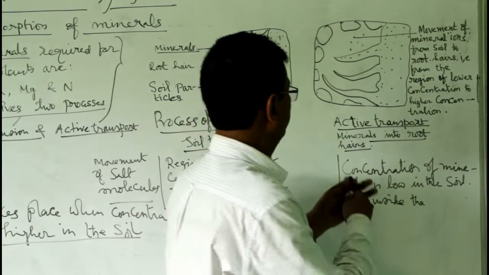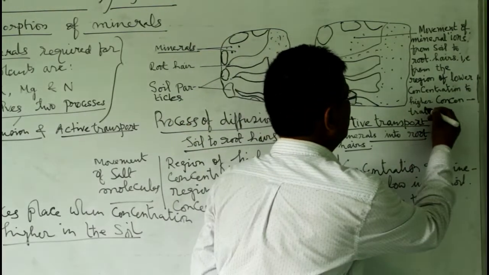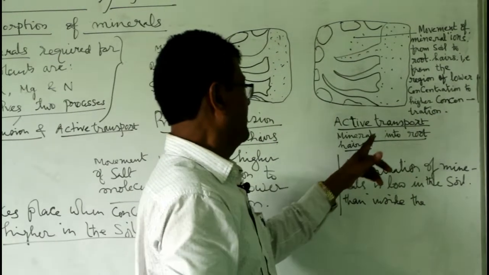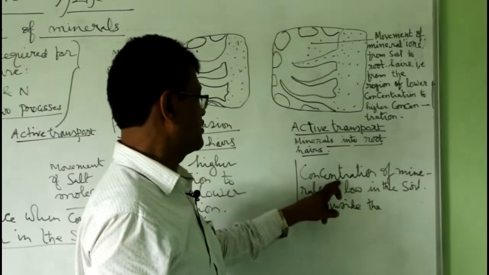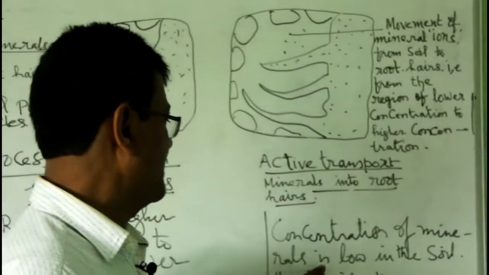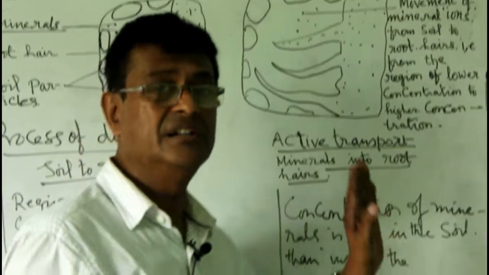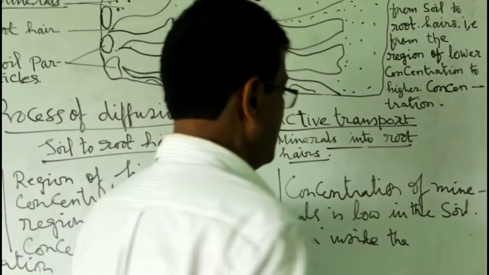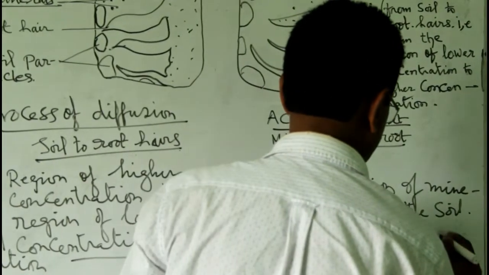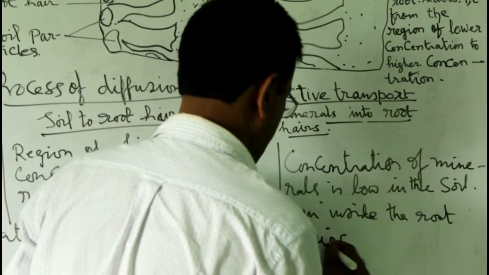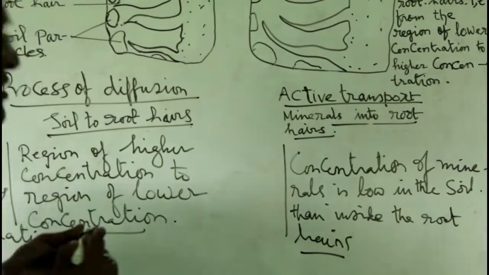That is known as active transfer. Minerals go into the root hairs. Here the concentration of minerals is lower in the soil than inside the root hairs. This is how it takes place.